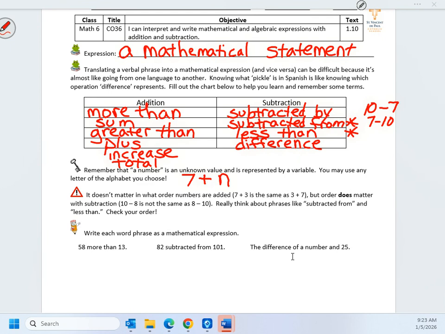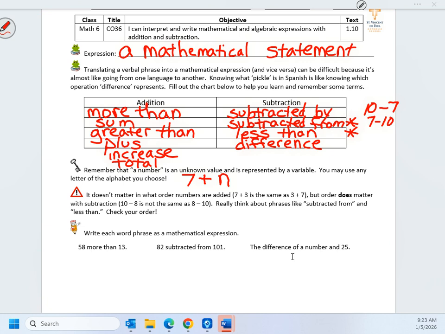Okay. It doesn't matter in what order numbers are added. 7 plus 3 equals the same thing as 3 plus 7. Right? So it doesn't matter the order we put them in, you're going to get the same answer. But, like I was explaining up here, the order does matter when we subtract. 10 minus 8 is not the same as 8 minus 10. We work with negative numbers. We're in big kid math, right?